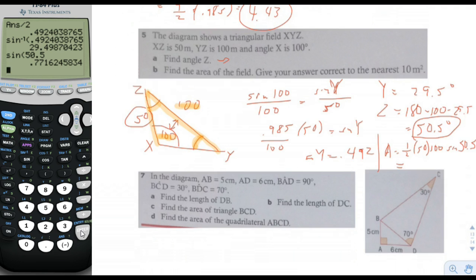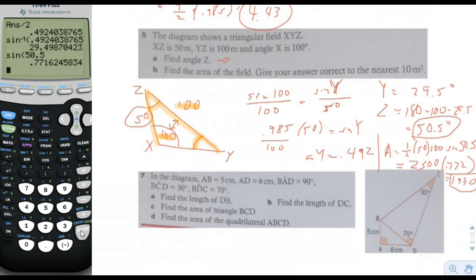So I take 0.772 times 2,500, because 50 times 100 is 5,000, halved is 2,500. 2,500 times 0.772 is 1930. So the area is 1930. That makes sense.